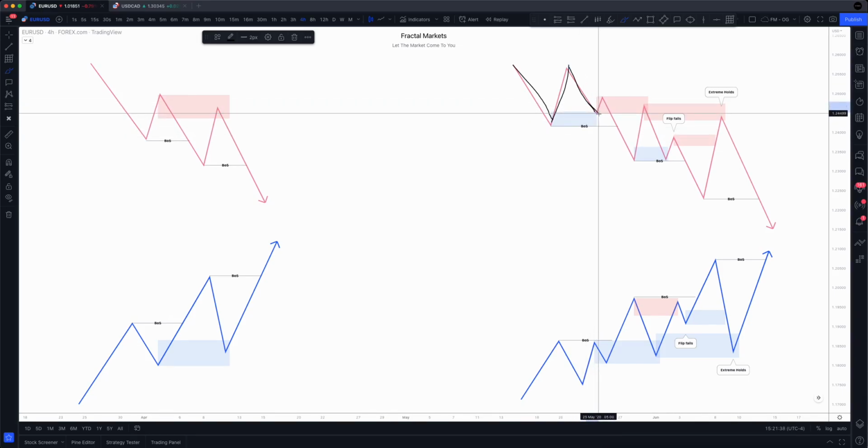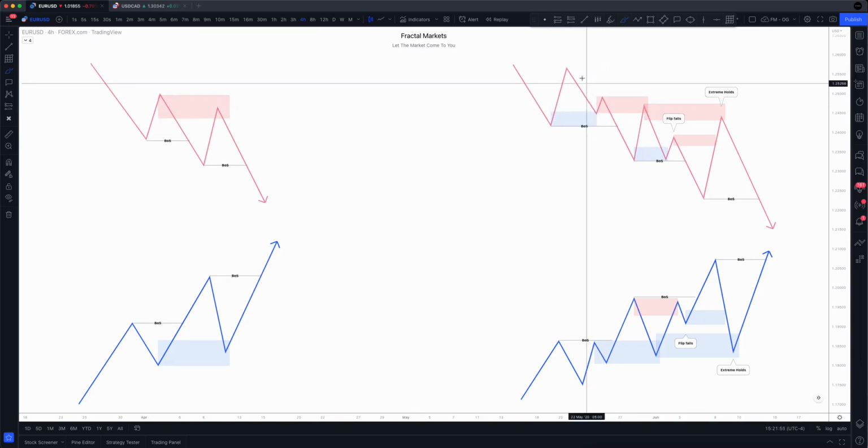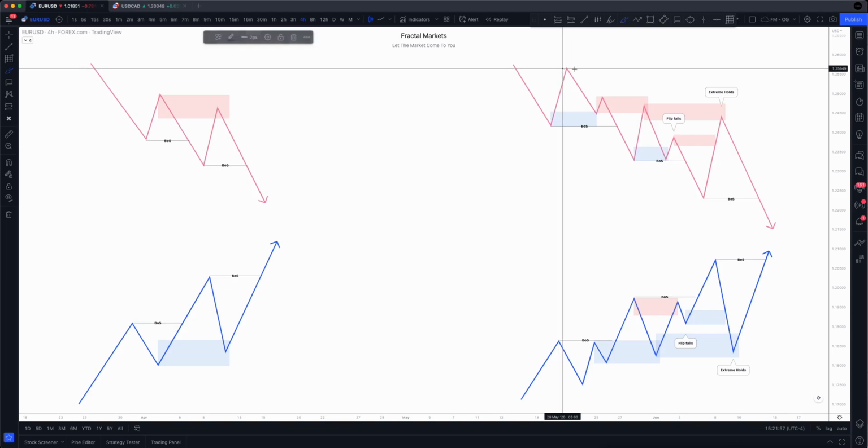Oftentimes we'll get a sharp move that happens at the low, which basically gets the buyers confused in the market, looking to take longs to possibly take out this level for whatever reason. But the idea is that there's obviously not going to be enough demand for higher price to be able to take out the high.